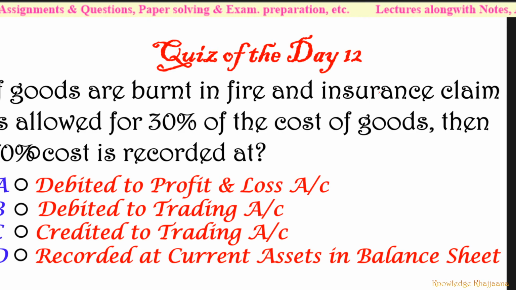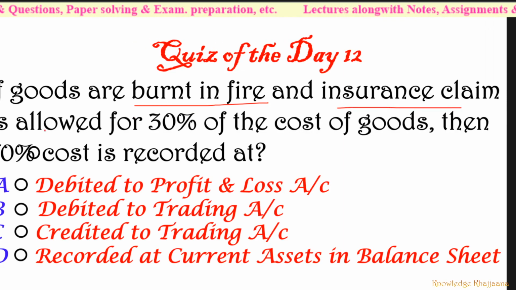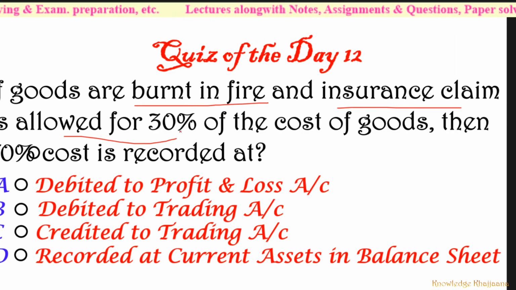Let's move to the quiz of the day. Quiz of day 12. If goods are burnt in fire, an insurance claim is allowed for 30% of the cost of the goods.